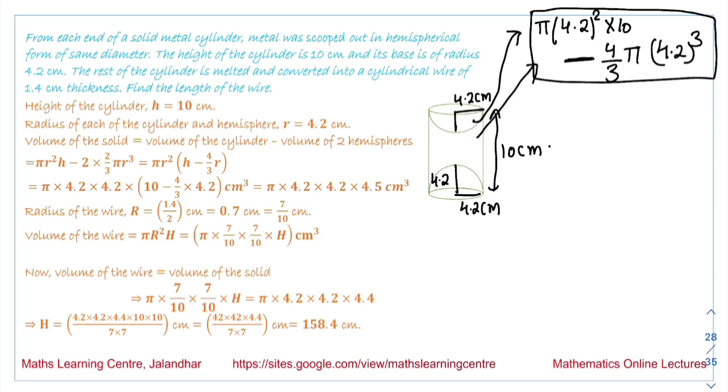Now it is given that whatever portion of the cylinder is remaining is melted and a cylindrical wire is formed, and the thickness of this wire is 1.4 centimeter. It means the radius of this wire is 0.7 centimeter. We have to find the length of this wire.